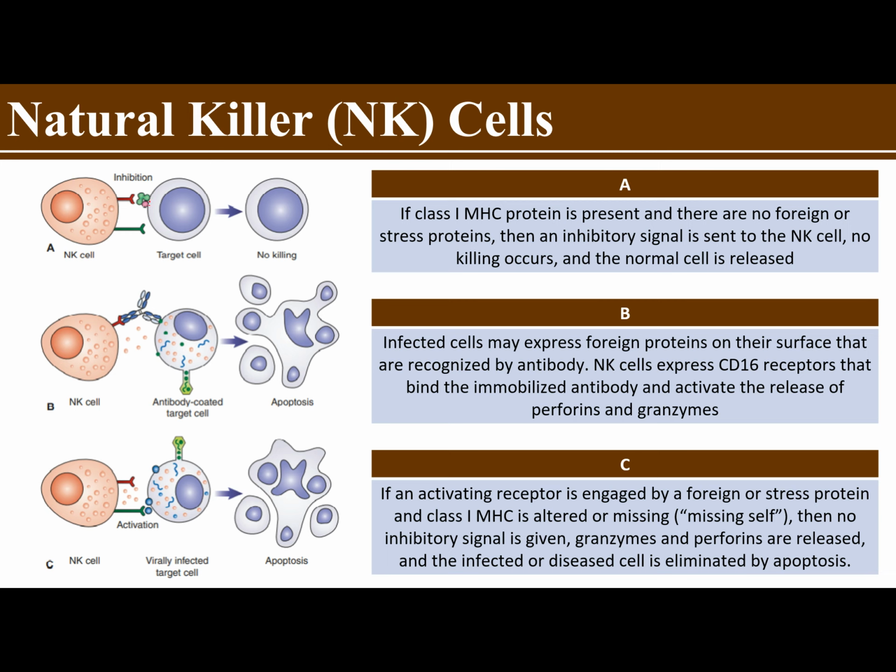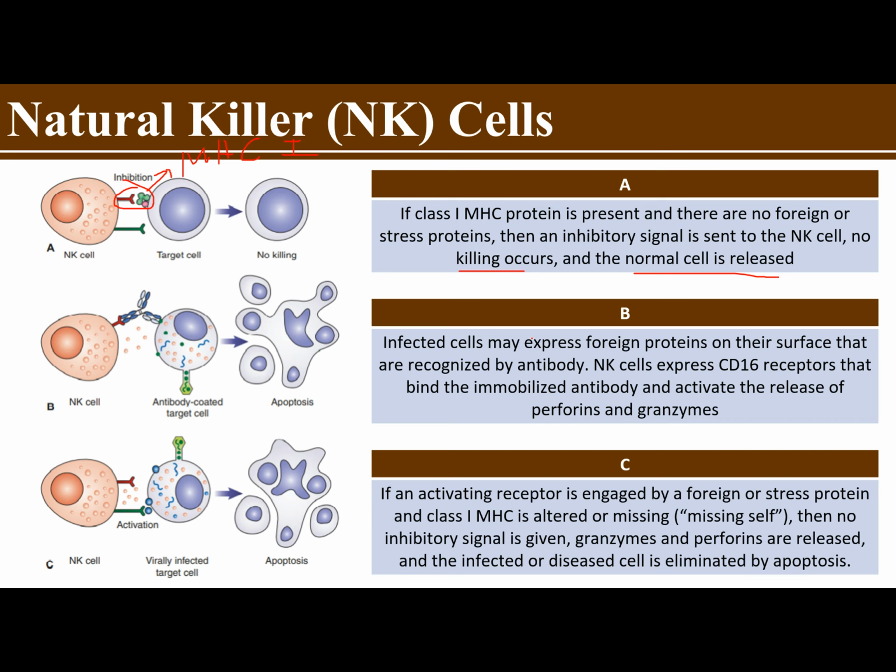Then imagine in the target cell, there would be the presence of MHC class 1 protein. If there is an MHC class 1 protein and there are no foreign or stress proteins, then it would send an inhibitory signal to the NK cell, thus no killing would occur and the normal cell is released.